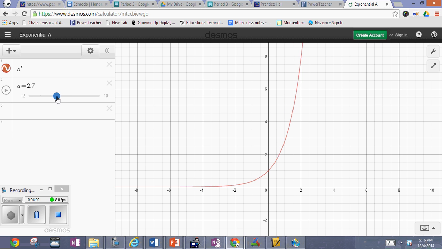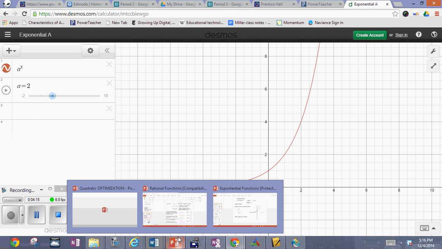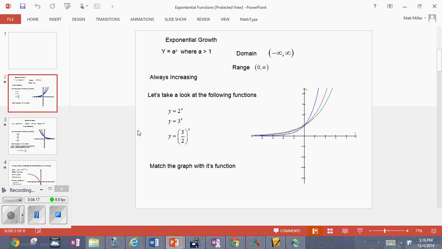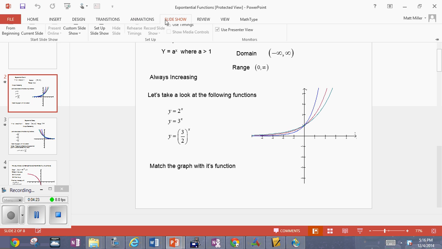But all we're looking at is an intercept and an asymptote, which pretty much define this function. Now we're going to talk about some of those things in the PowerPoint presentation. So let's take a look at that.